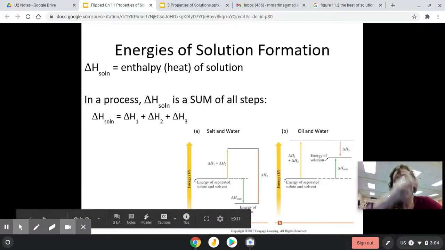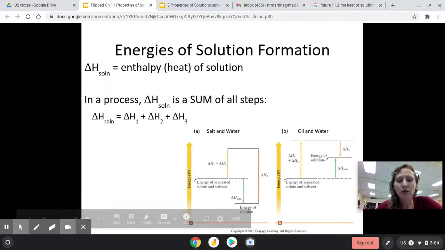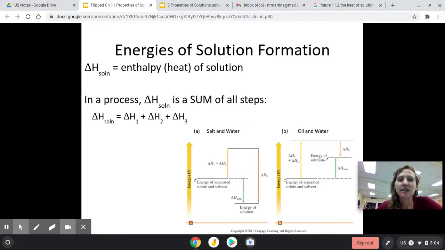Okay, one more note I want to make on solution formation: it deals with the energies of solution formation. So a lot of times when we look at a process that's occurring, we talk about it as if it's occurring in one step, but oftentimes it occurs in multiple steps.